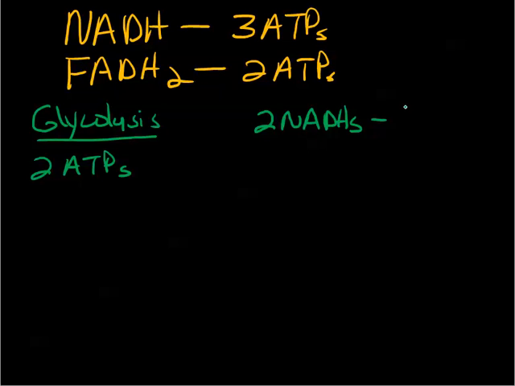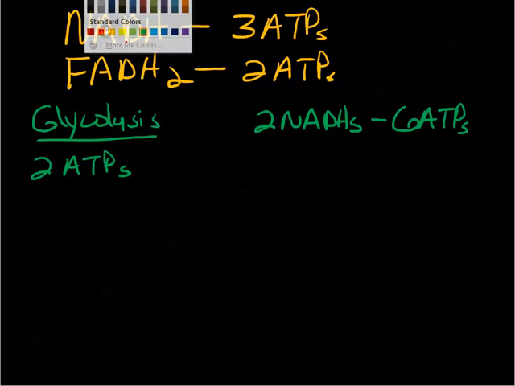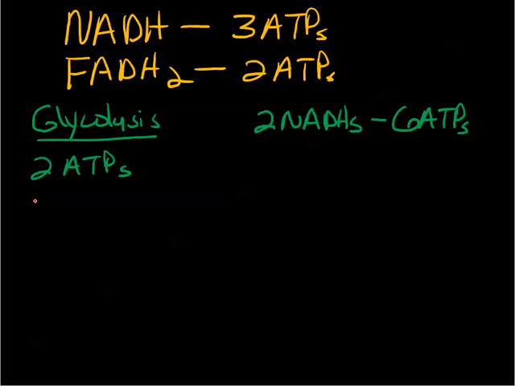So that means we'll get 6 ATPs once it hits the electron transport chain. Then before it goes into the Krebs cycle, we have the pyruvic oxidation. In other words, we get another 2 NADHs right before it goes into the Krebs cycle. So that means another 6 ATPs.